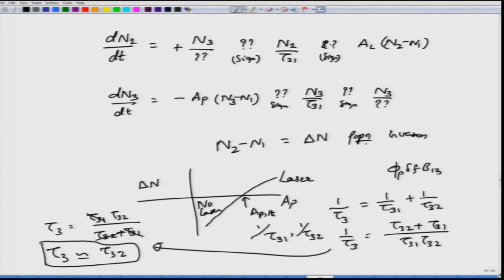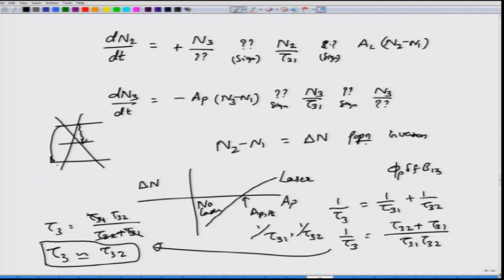This is in fact the critical condition that is necessary. If you have a matter in which this transition time is much faster compared to this transition time which is much slower, then you will not be able to sustain population inversion. So, this is bad for our laser application. Okay. So, that is one condition that we wanted to talk about.